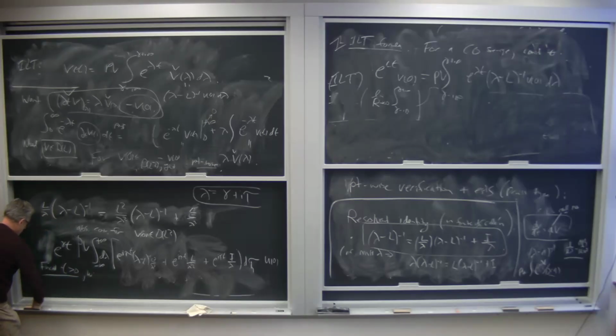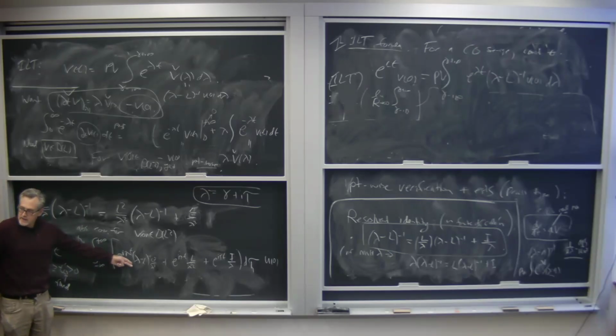Or let me put it a different way: t greater than or equal to t naught greater than 0, and t naught will be fixed. I'm going to get a uniform convergence and a uniform bound.